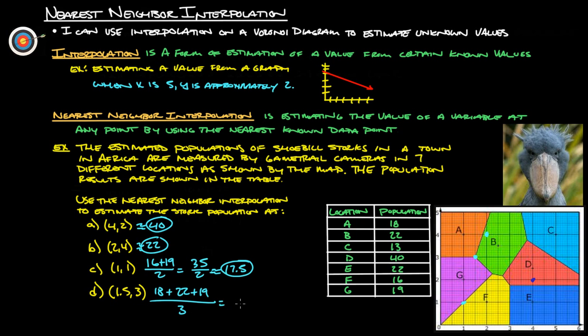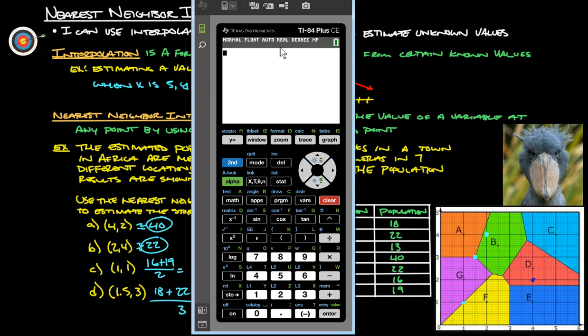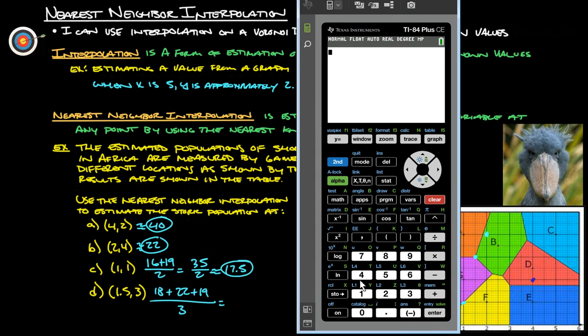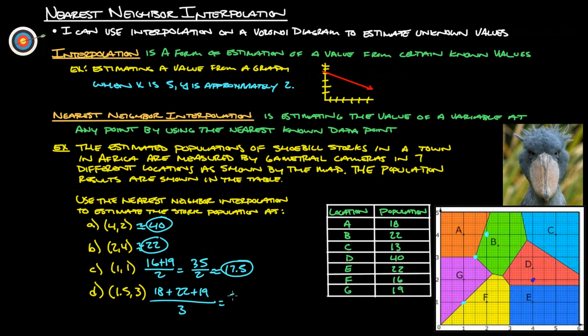So we add those all up and divide by 3. We get 59, divide that by 3, and we get about 19.7 if we round it off.